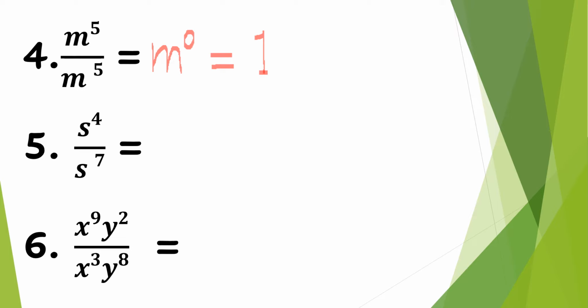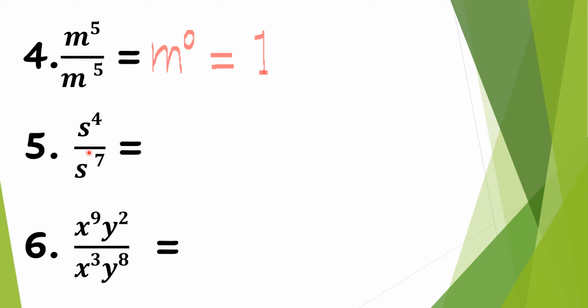Number 5, s raised to 4 divided by s raised to 7. So, the same yung base. Kaya lang mapapansin natin, mas mataas yung exponent ng nasa denominator. Ibig sabihin, yung variable s natin is dapat sa denominator natin yan ilalagay. So, anong ilalagay natin sa numerator?